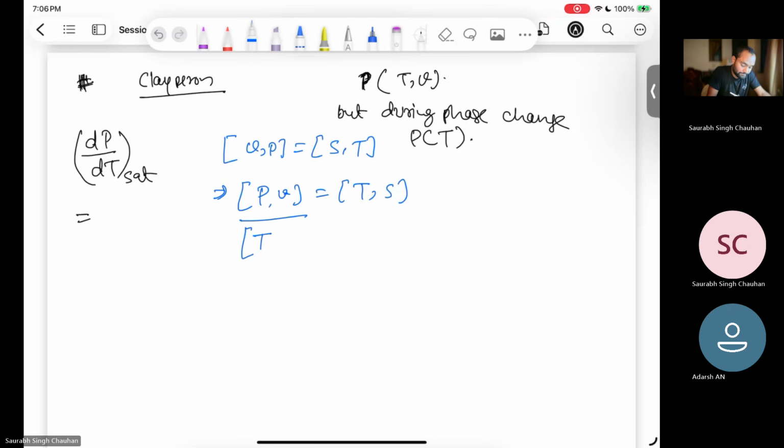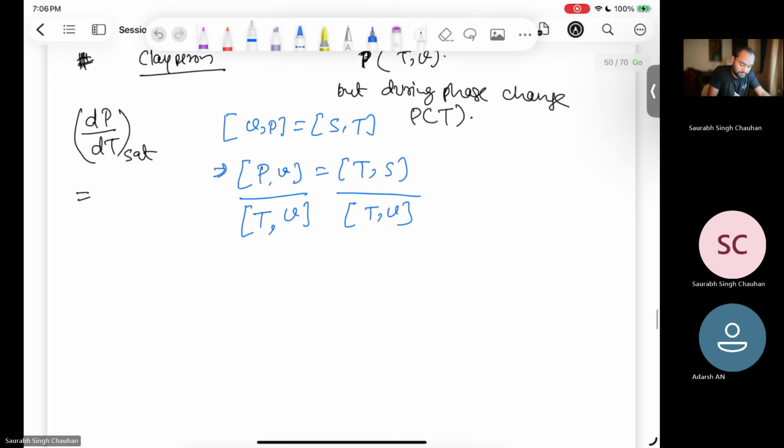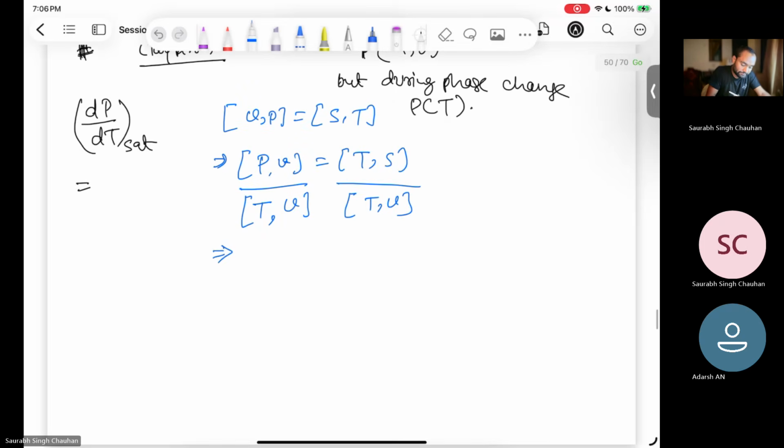Now V is already there in the numerator. We can write the same thing in the denominator. So what is it now? It is the partial derivative of P with respect to T at constant V equal to the partial derivative of S with respect to V at constant T, right?